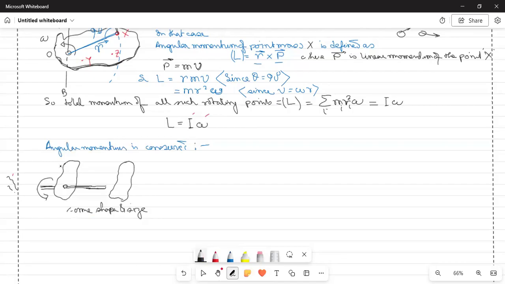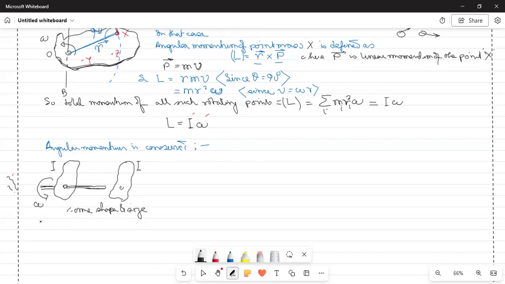So the moment of inertia of this first body is also I. The moment of inertia of the second body is also I. Now, if you take an experiment, the first body is only on the axle and it is rotating with an angular velocity omega.